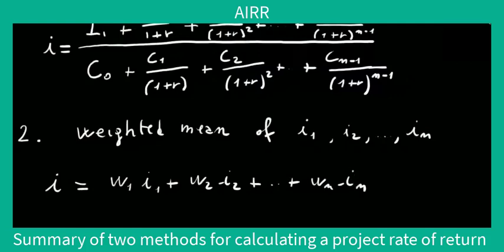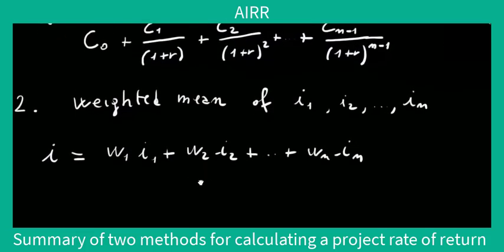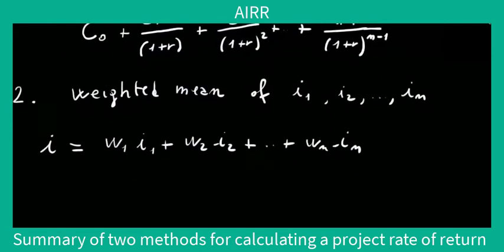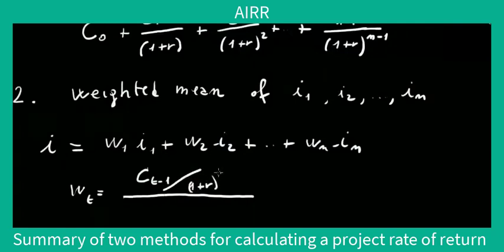And the weight at time t is given by the present value of capital C of t minus 1, which is the capital invested in the t-th period, discounted by t minus 1 periods.